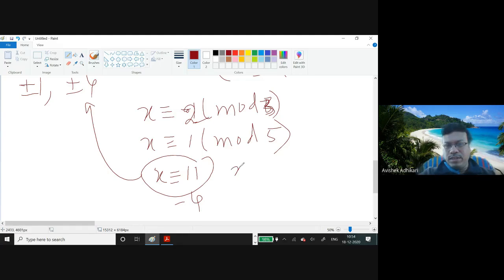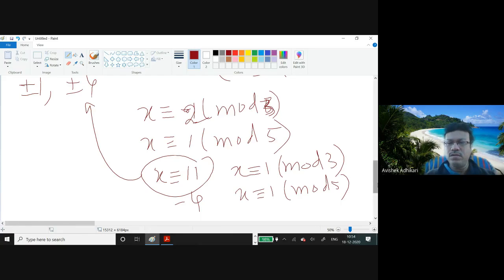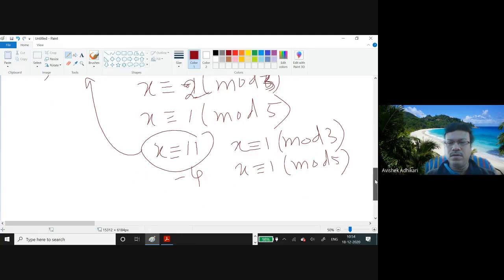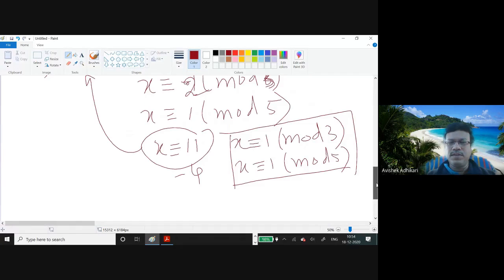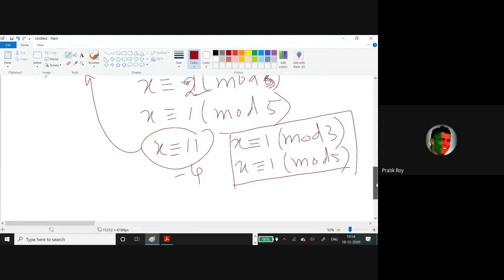So if I consider x congruent to 1 modulo 3 and x congruent to 1 modulo 5, then what will be my solution? By using the Chinese remainder theorem, what will be your conclusion? The x value will be, it's very easy, 16.